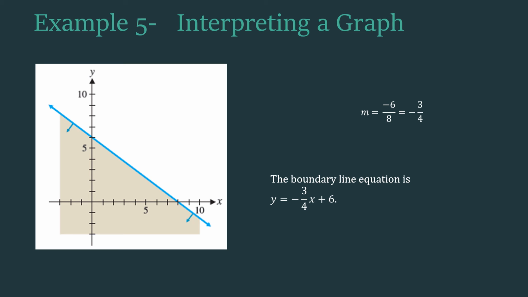Here, the slope of this, if I'm taking two different points here, the slope m will be the difference in y divided by the difference in x. So here I have 8 and 0, 6. So the slope will be negative 3 by 4, and the intercept here is 6. So negative 3 by 4 x plus 6 is the equation of this line.